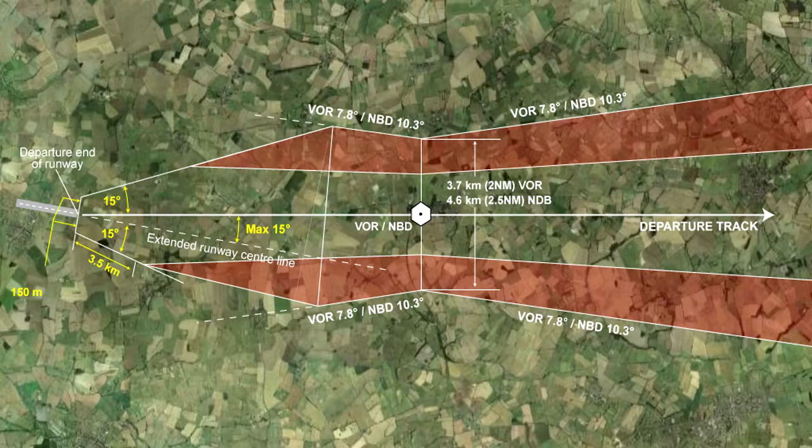Track guidance may be provided by VOR, NDB or RNAV. At this point, we can usefully mention colour coding. The shaded areas are considered secondary for minimum obstruction clearance, whereas the clear areas along the departure track are considered primary. We will look at this in more depth later.